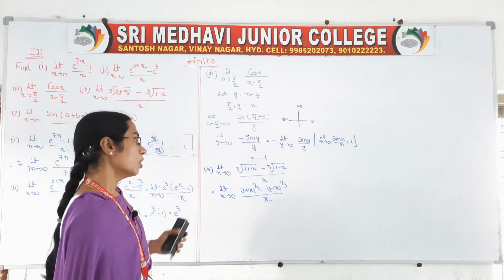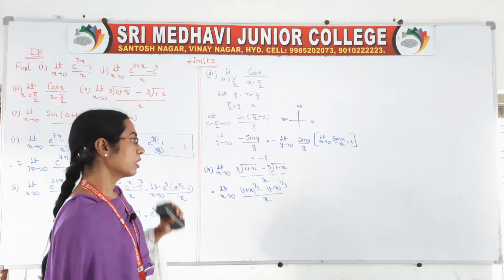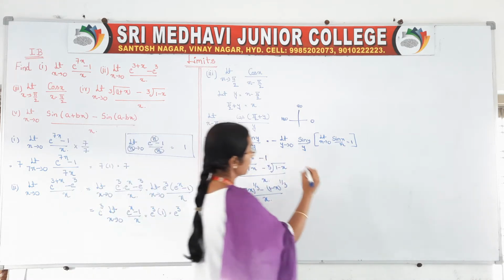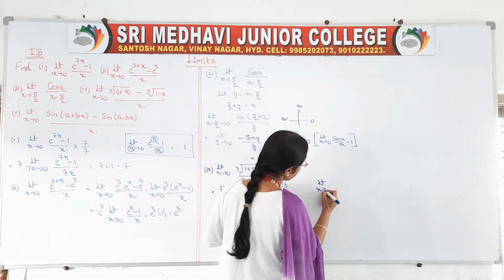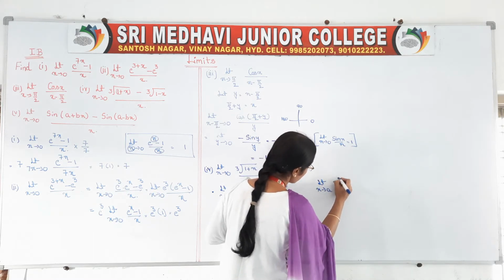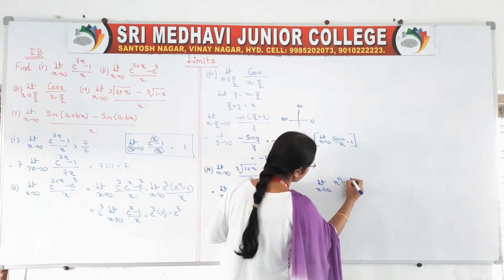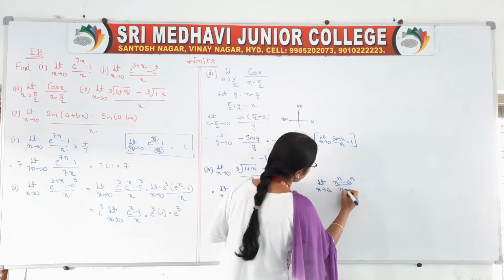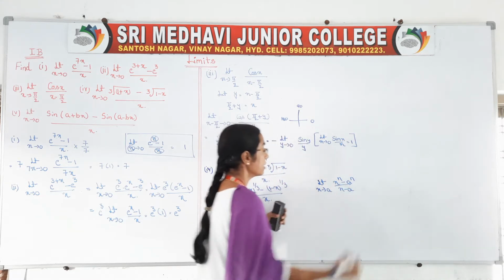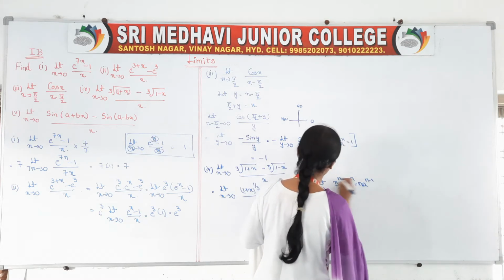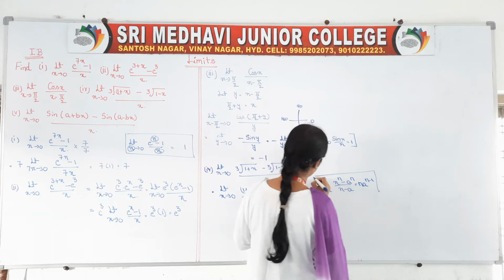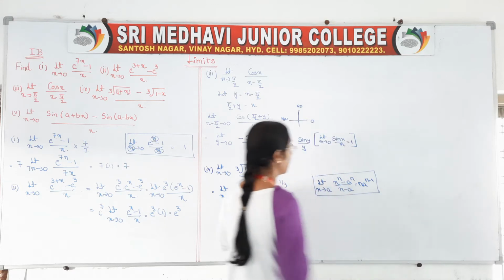It is not in any of our standard forms, but we know one formula in limits. Limit x tends to a, x to the power of n minus a to the power of n by x minus a is equal to n into a to the power of n minus 1. There is one standard formula.